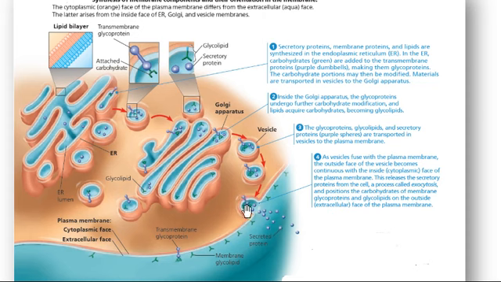So here these vesicles are fused with the plasma membrane, and the secretory proteins have been delivered to the plasma membrane through the process of exocytosis, and then these glycolipids and glycoproteins are transported towards the outside face of the cell, because they are involved in recognition.